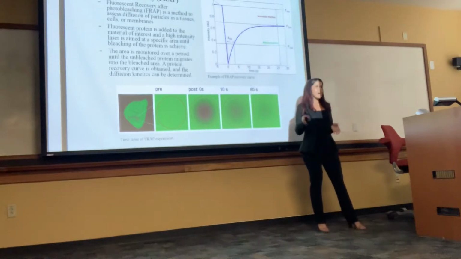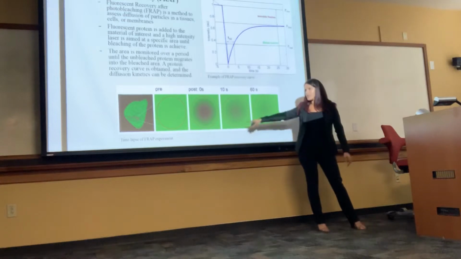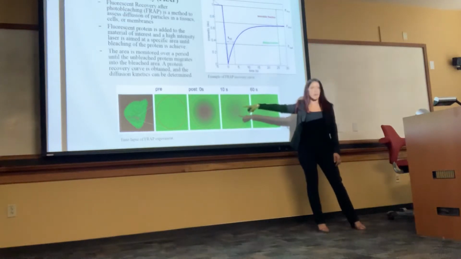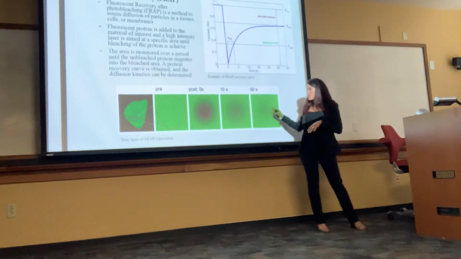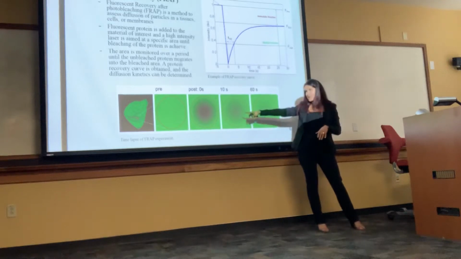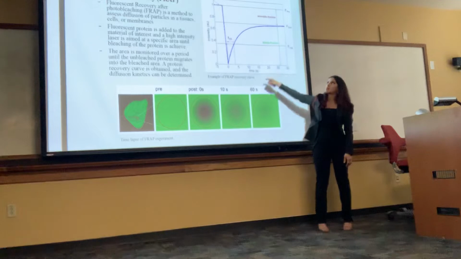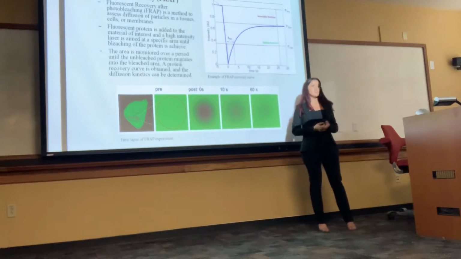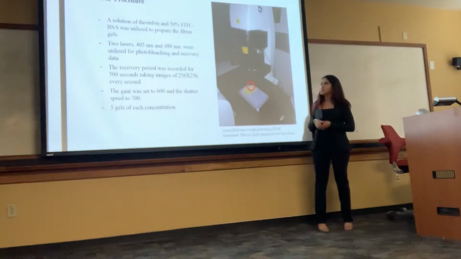You shoot it with a very high intensity laser until you get a bleached spot depleted of fluorescence, and over time you observe the material, and the fluorescent protein that is surrounding comes back into that bleached spot. You can obtain a curve such as this one where you can explore the diffusion kinetics of the material that you're studying, and that's what we did.